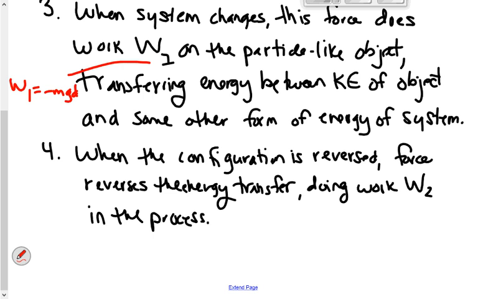When the ball falls back to the Earth, that work done is positive mgd, and now the ball is gaining kinetic energy, and the Earth-ball system is losing potential energy because it's being converted to kinetic energy.